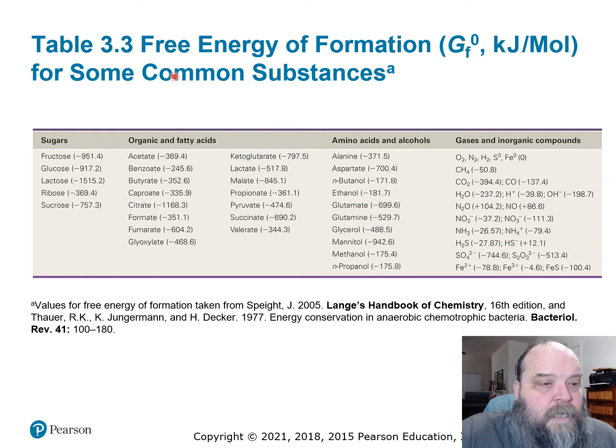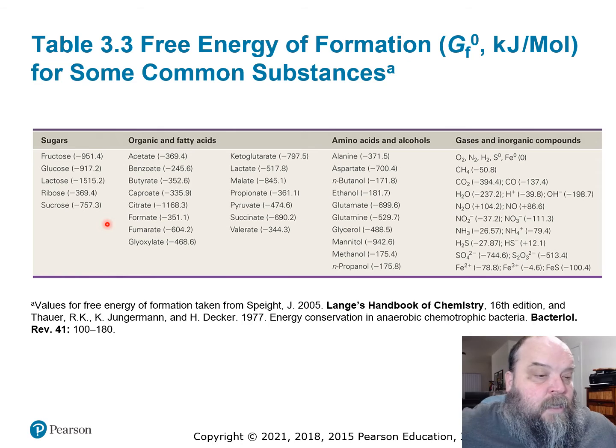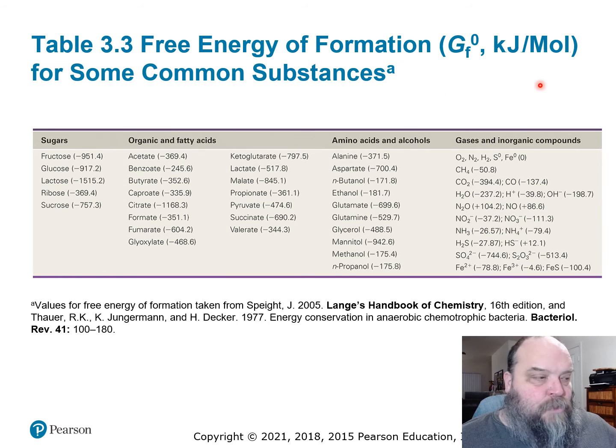So you look at the free energy of certain compounds. Remember, this is kilojoules per mole. Using their yardstick and their way of measuring things, our friend glucose has negative 917.2 kilojoules per mole of energy in its chemical bonds: all those free, excited electrons, the carbon-carbon bonds, all of it.